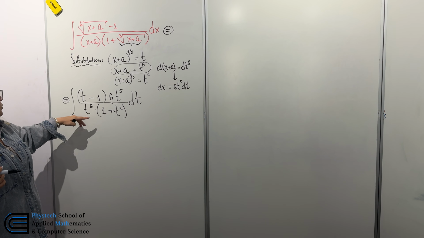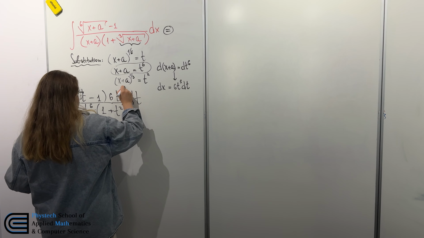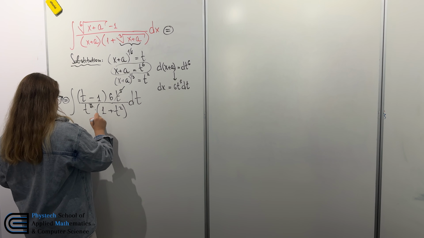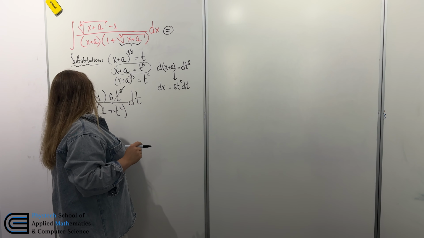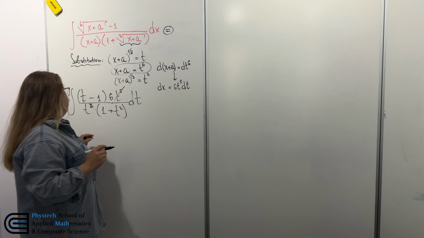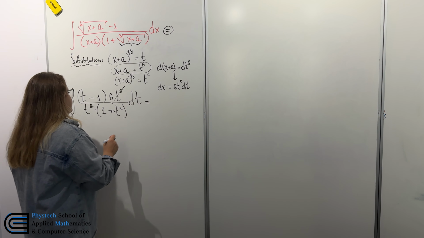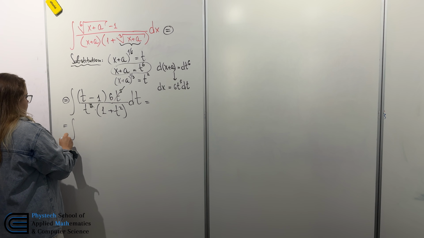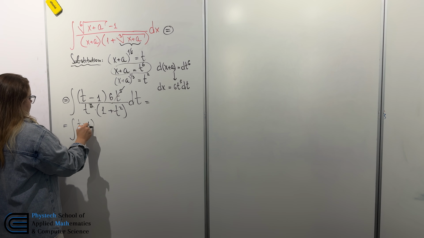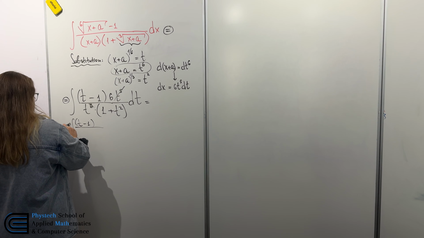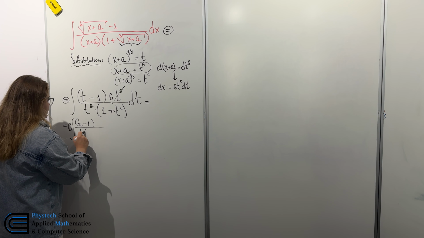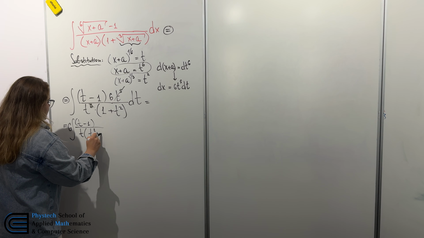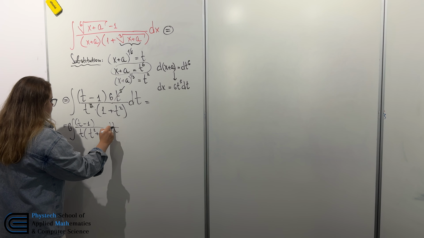So now we can delete these, subtract 6, 5, and obtain here t, and rewrite it like this: integral of t minus 1 in our numerator, 6 I will put here, and here we have t, and t squared plus 1 dt.